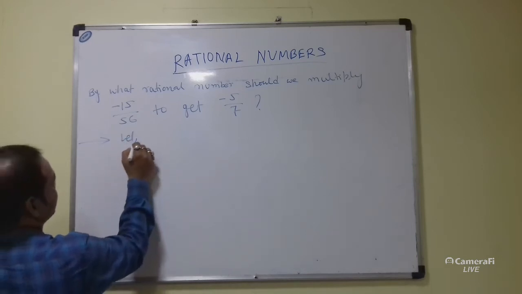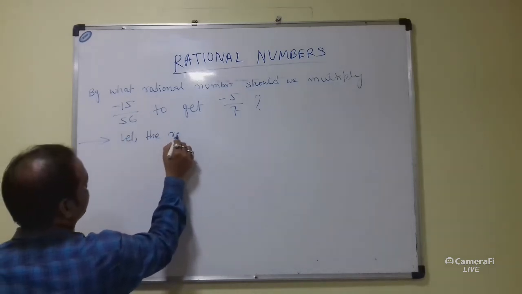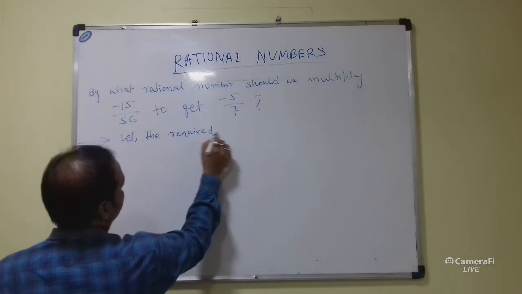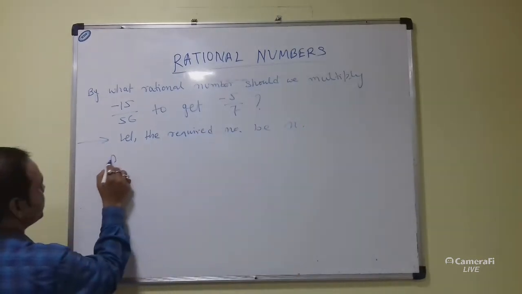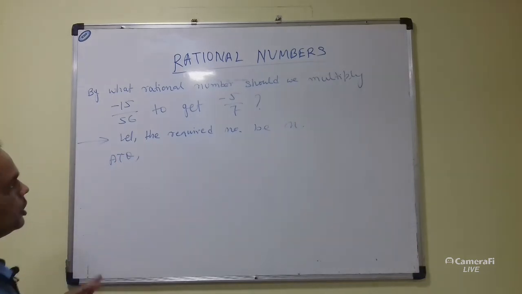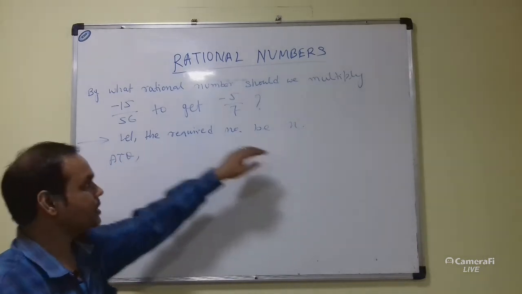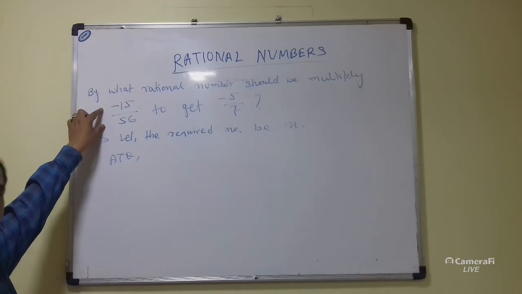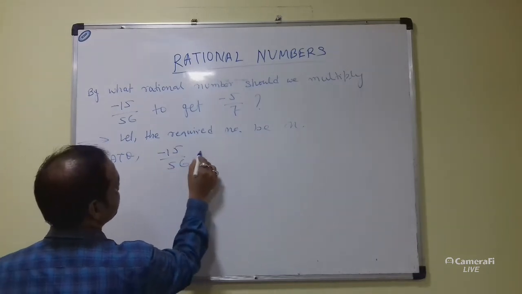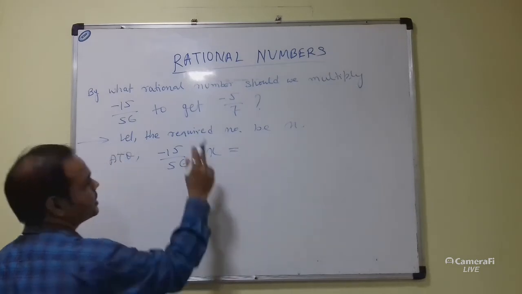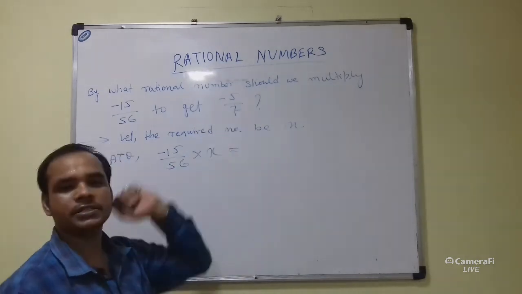So let the required number be x. Now according to the question, we have to multiply x with minus 15 by 56. So minus 15 by 56 multiply x is equal to, what is the result? Minus 5 by 7.